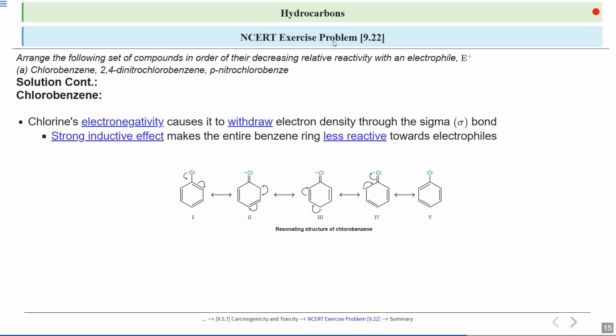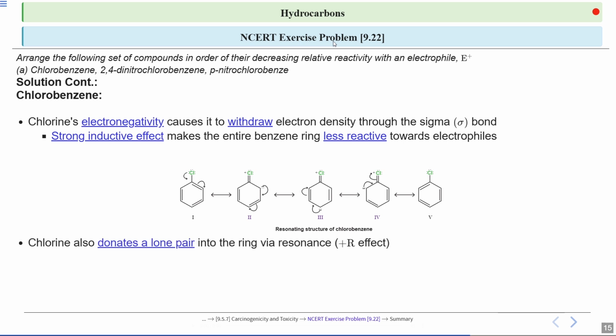But it is seen that this is the unique case where the inductive effect dominates the resonance effect. So this lone pair delocalization is of no use in front of the electronegativity of the chlorine, and hence the inductive effect is more dominant, making the ring less electron rich.